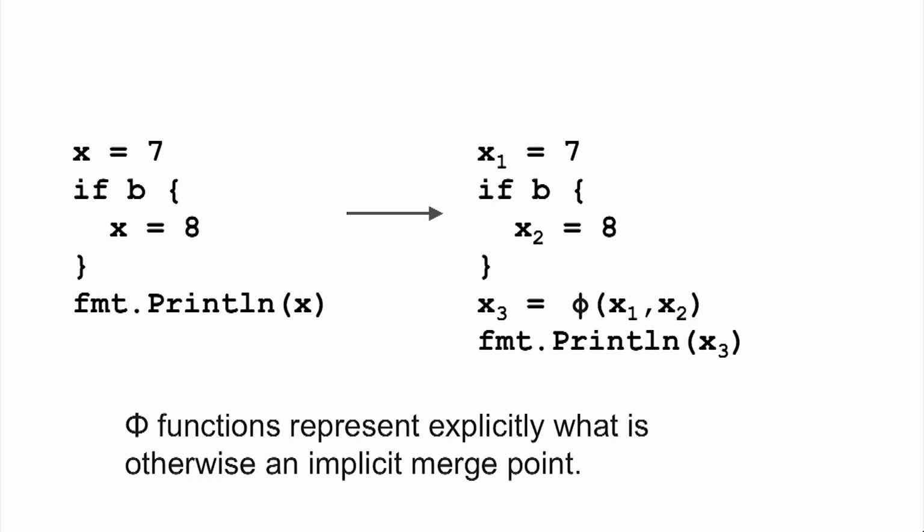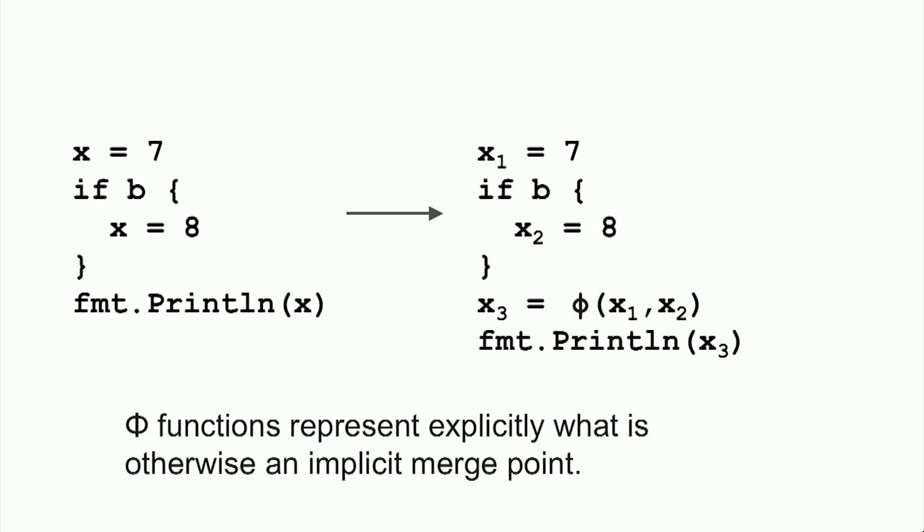And so the answer is there's a new operation called a phi function in SSA, which represents the merging of two different values. At any merge point where control flow merges, if there are two different values that need to be merged, we have to introduce this phi function, and it generates a new value, which we can then use subsequently.